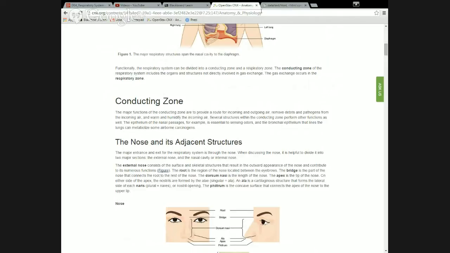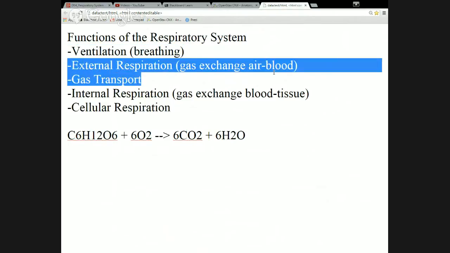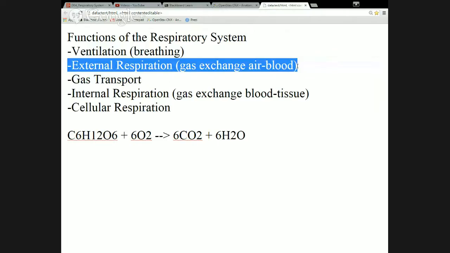The conducting zone is basically the pathway that air takes in and out of our body. So that's where ventilation goes. And then the respiratory zone is where external respiration takes place.